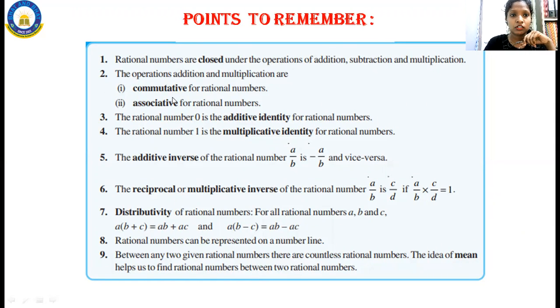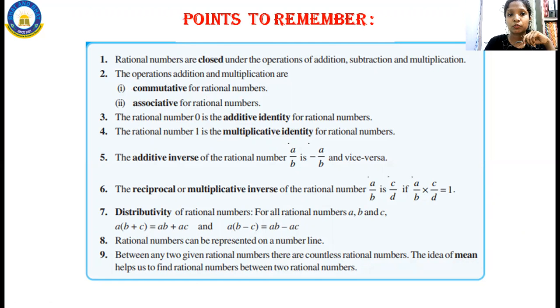The second point tells you about the operations of addition and multiplication. When you're working with rational numbers, based on addition and multiplication, you will get to know the ways to treat them. In that, the first property is commutative for rational numbers. We basically use the commutative property, right?